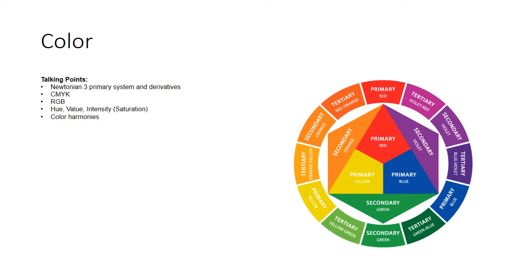But how close to white or black it is on the value scale, that's value. Right? So you have a hue, and then you have a value and an intensity of each. All right? That's it. Those are the components. So when we talk about color, those are the things we're going to talk about. And then a color harmony is a way of restricting what you're doing.